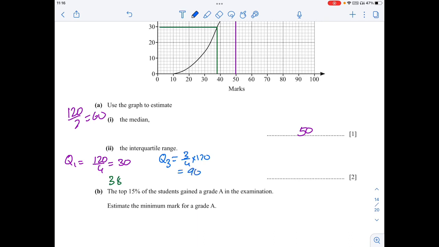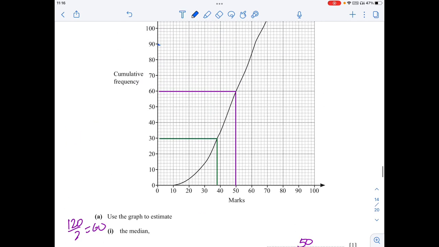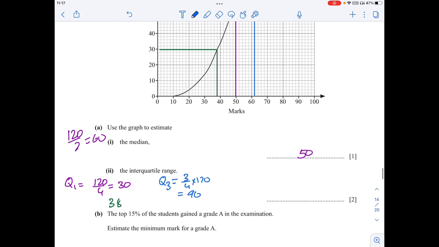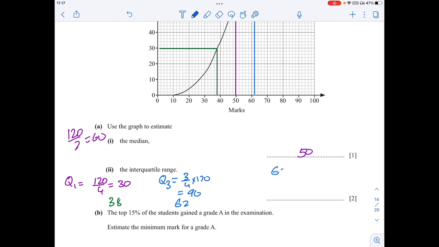So from 90, draw a line, hit the graph, and then drop it down. So it's going to be 62. So the interquartile range is 62 minus 38, which is 24.